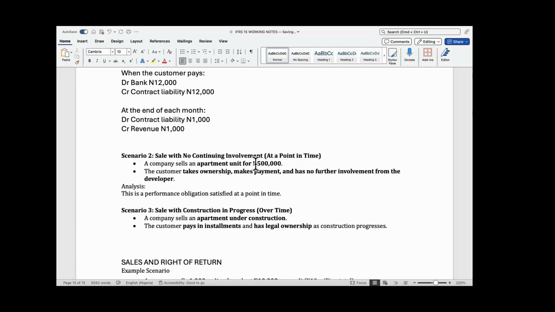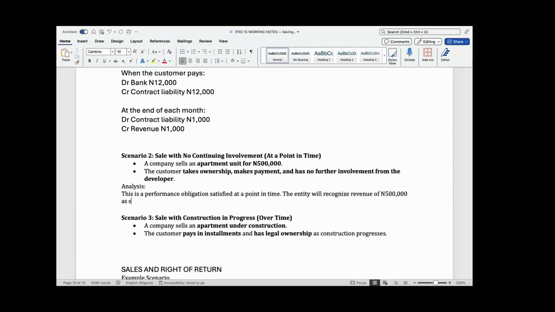The entity will recognize revenue of 500,000 as soon as control of the property is transferred to the customer. As soon as we transfer control to the customer, we recognize revenue because it's at a point in time.